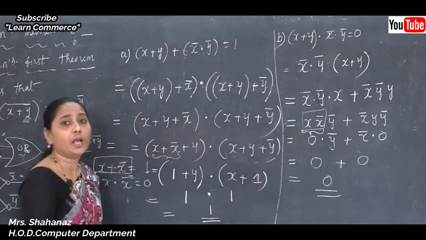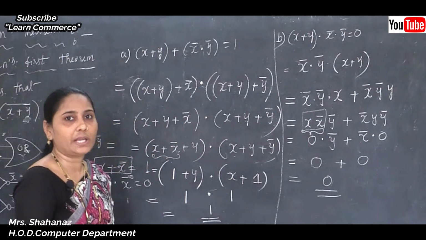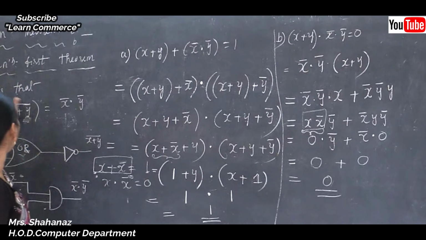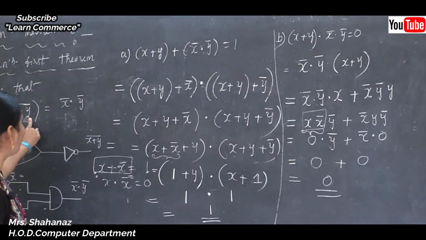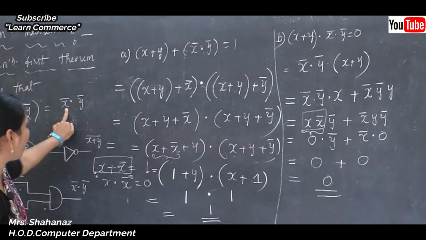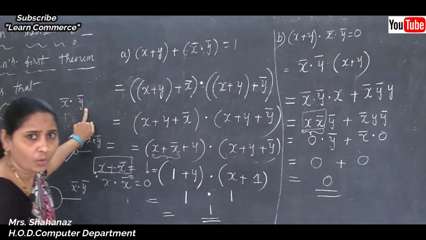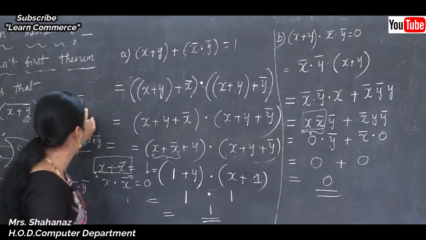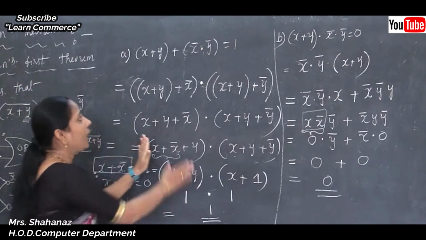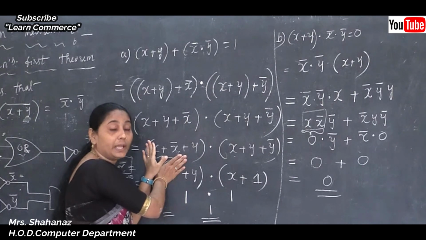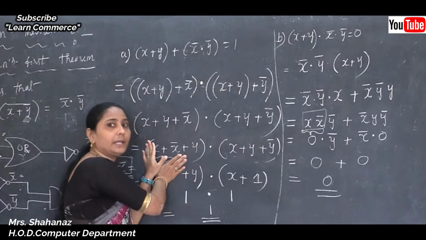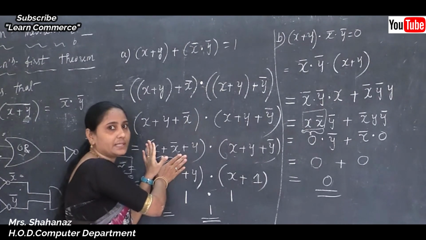Clear this point here. So we know the first theorem of De Morgan's theorem: the complementation of x plus y is equal to complement x and complement y. Here I am going to prove it by using the complementarity law, and this law states that x plus complement of x is equal to 1 and x and complement of x is equal to 0.